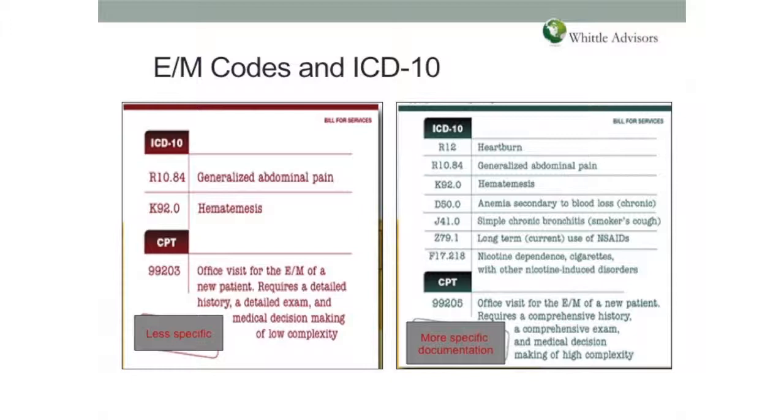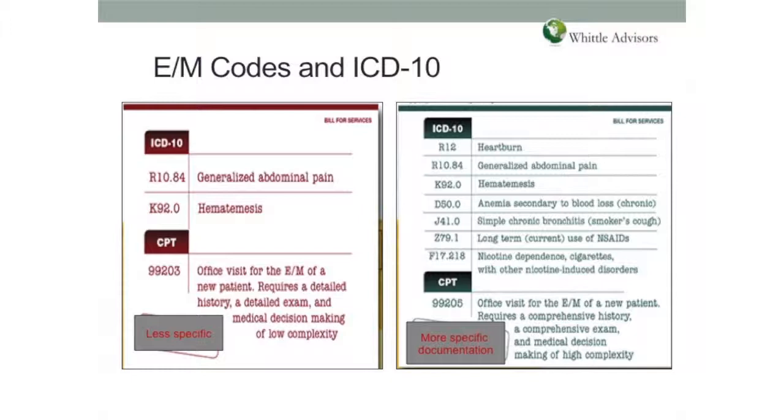So here, the workup that was completed from our case study, we know that we have identified that the patient has heartburn, he has generalized abdominal pain, anemia secondary to blood loss, bronchitis, long-term use of NSAIDs, and nicotine dependence, which are cigarettes with other nicotine-induced disorders. You see how specific our nicotine code is?